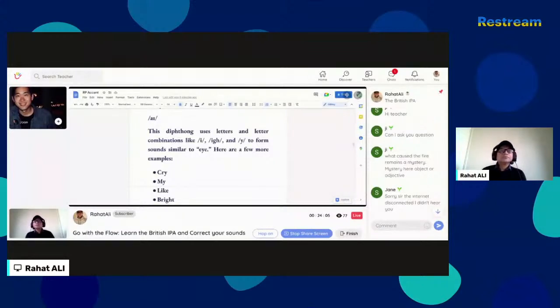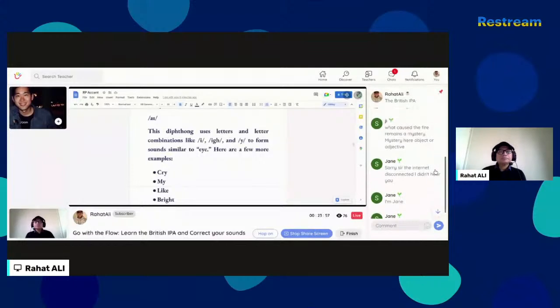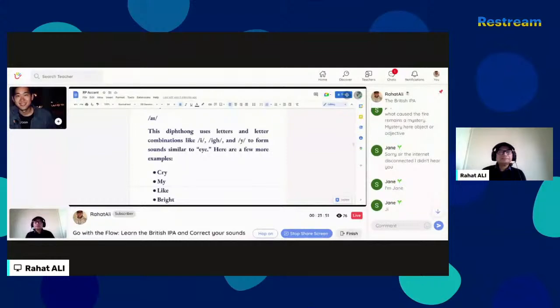So the best way to develop these sounds in you is practicing sentences.